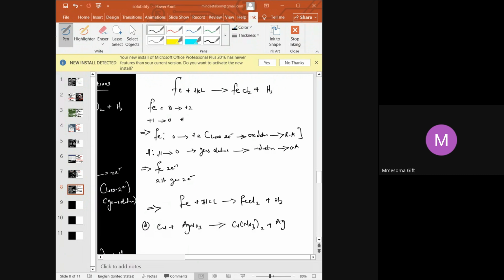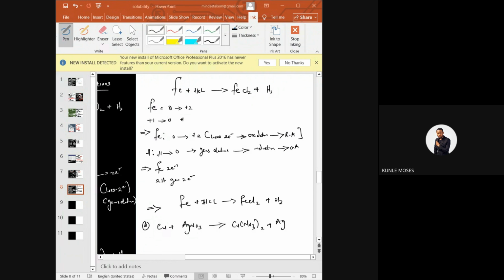Moving to the product, it oxidizes and changes to +2. So it lost how many electrons? 2. Is it undergoing oxidation or reduction? Oxidation. So is it a reducing agent or an oxidizing agent? Reducing agent. Okay.